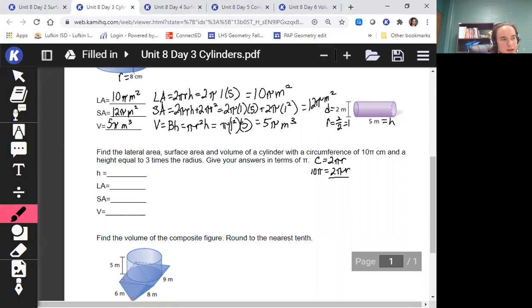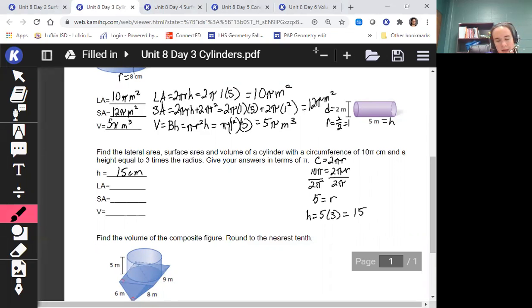And then we can divide by 2 pi. And 5 equals our radius. Now it said that our height is equal to 3 times our radius. So we need to multiply 5 by 3 to get our height, which is 15 centimeters.